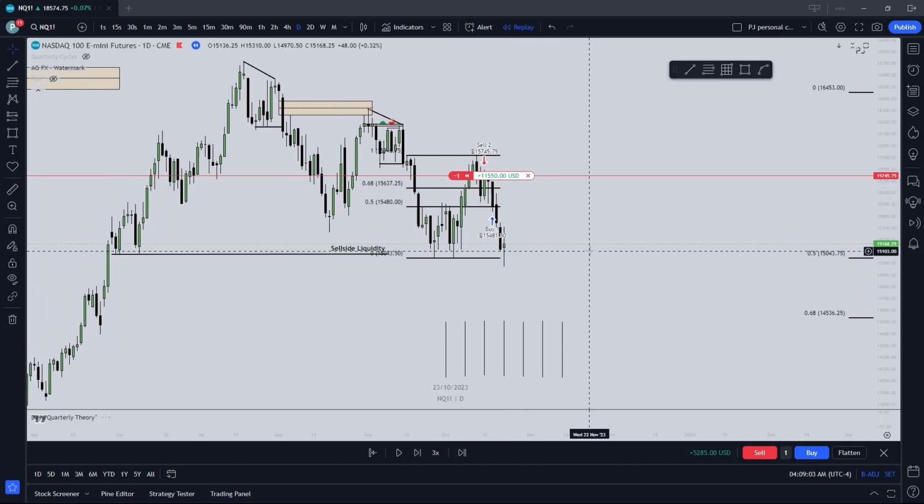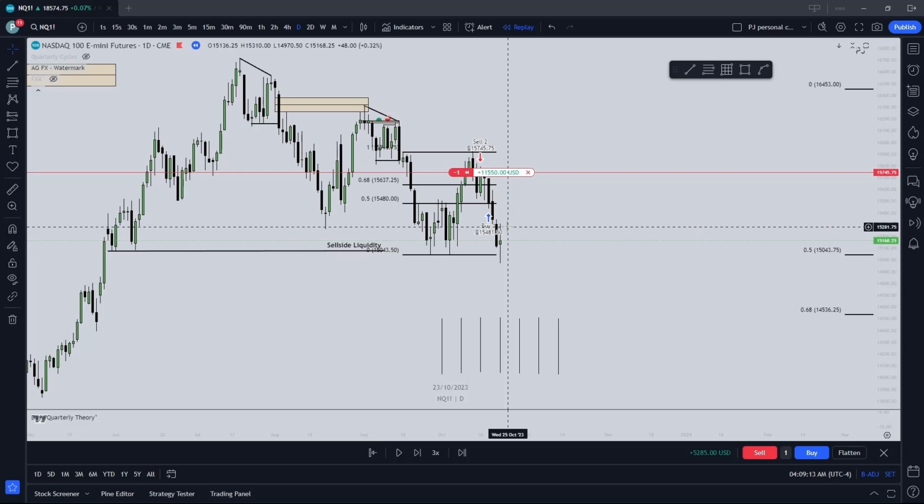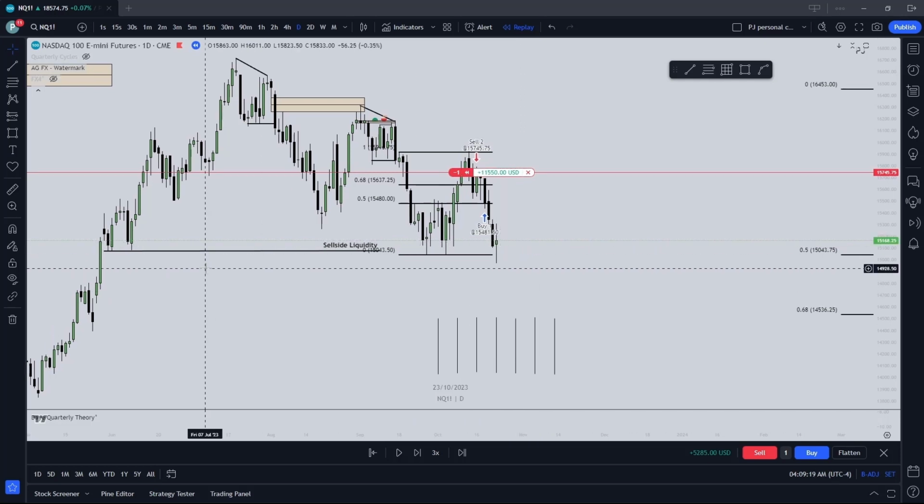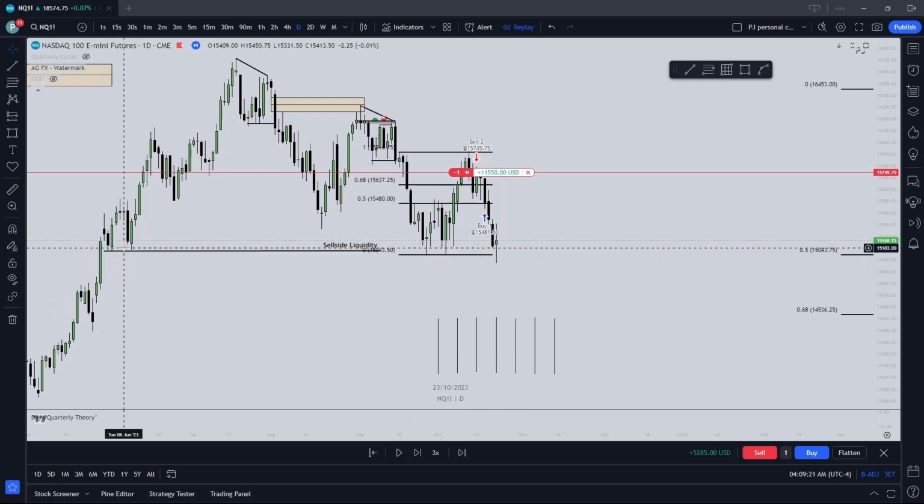Alright, and then form a long wick after sweeping this sell side. With order flow being to the bearish side, I would like to see more of a aggressive pass into this.